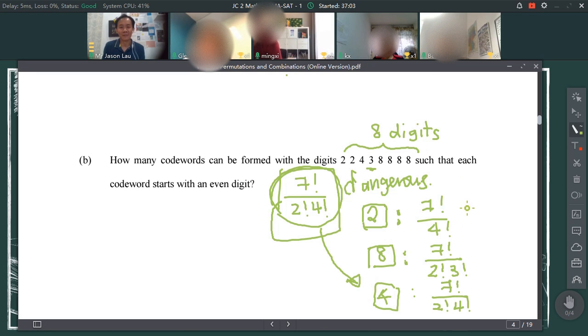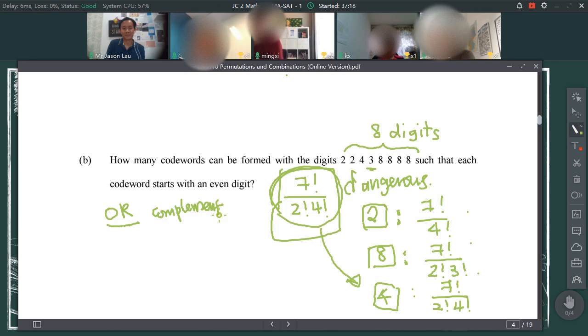The rest of you understand? Wait, what did Glenda say? What's the other method? The complement method. She's so advanced already, she's finishing. Okay, you go first. Who will say first?